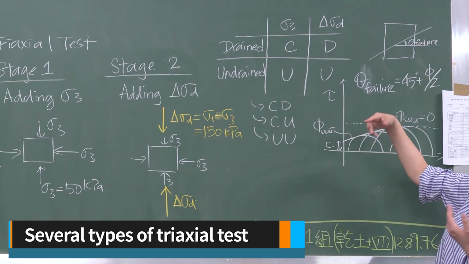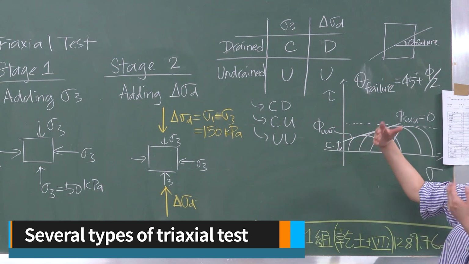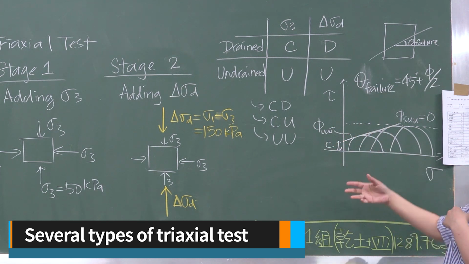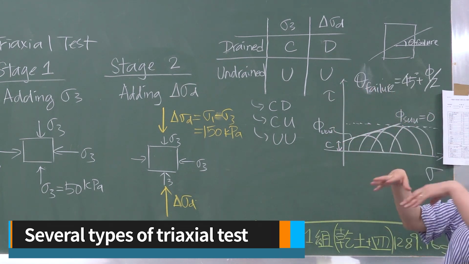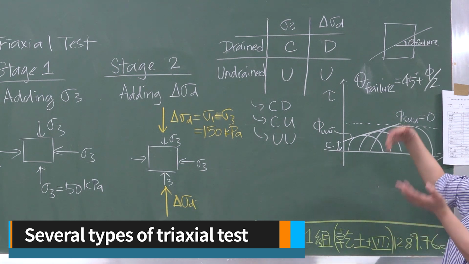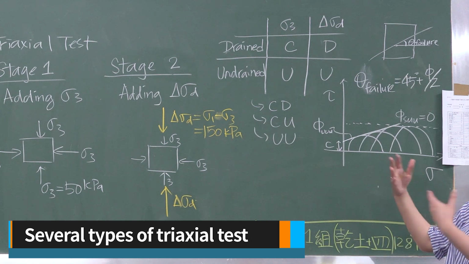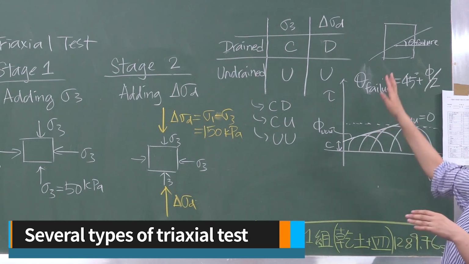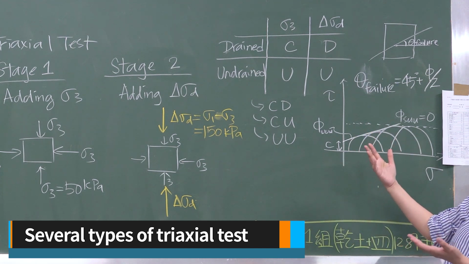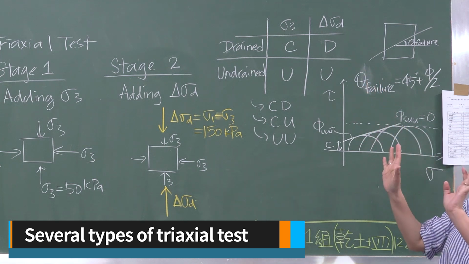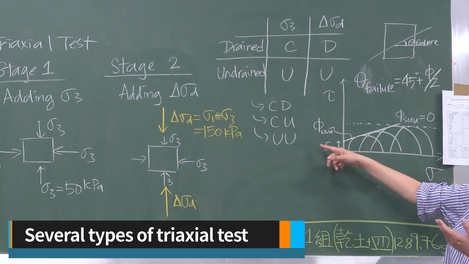You should also have an unconsolidated drained test, but this test is seldom performed because if you close the valve, if you do not allow drainage during the addition of confining pressure and allow drainage during the addition of deviator stress, basically you do not know whether the drainage during the second stage is due to consolidation or shearing. Because of that, the UD test is seldom performed. So we are mainly dealing with CD, CU, and UU.